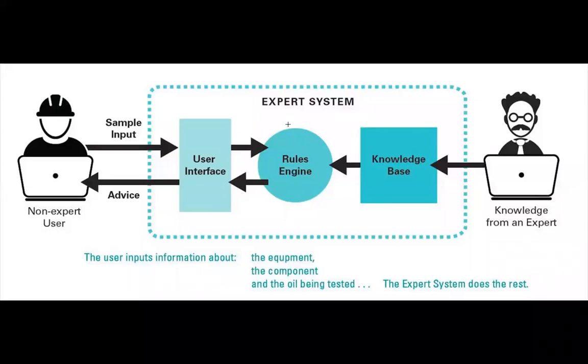One, it improves decision quality. Since the system we build has gathered enough data from an expert, and we verify the data, there is no way what we've stored in our knowledge base is going to change.